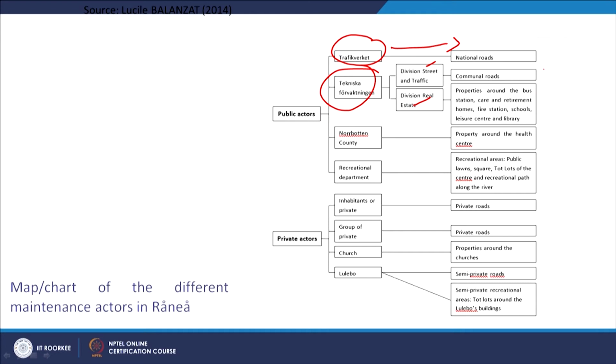So here you can see the communal roads are taken by this department, and the properties around the bus station, care and retirement homes, schools, this is different. And again the county property around the health center, recreational department, total art. So like that there are different actors.